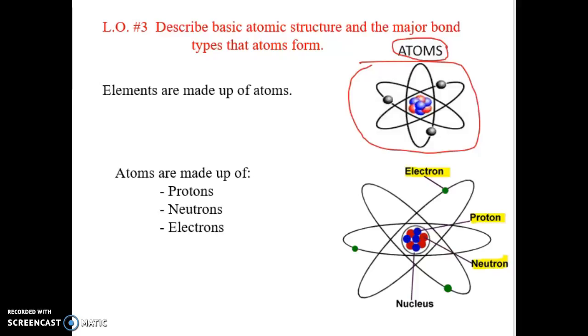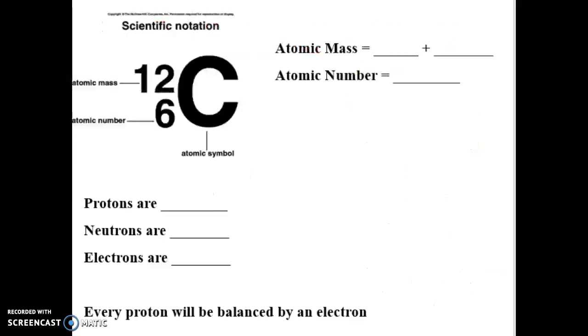Now when we look at the periodic table of elements, it's going to give us specific information. The information we find listed is called the atomic mass and the atomic number. So there's our atomic mass and there's our atomic number. Those two pieces of information are listed in association with the atomic symbol.